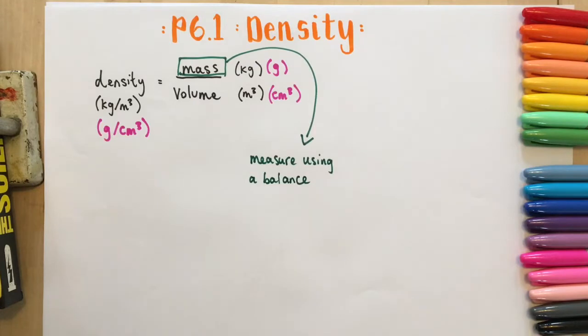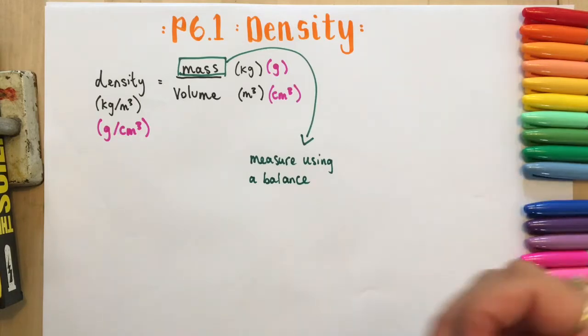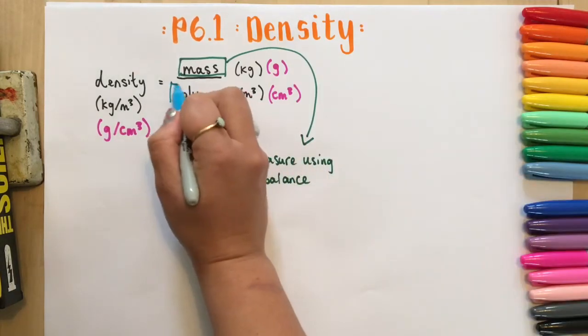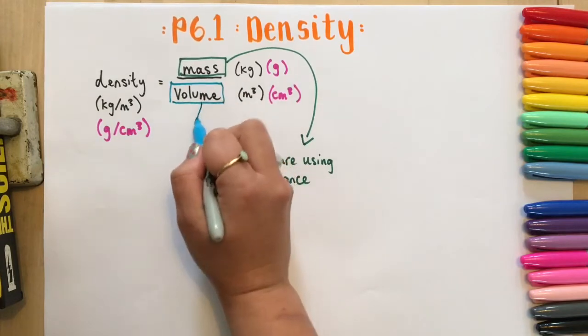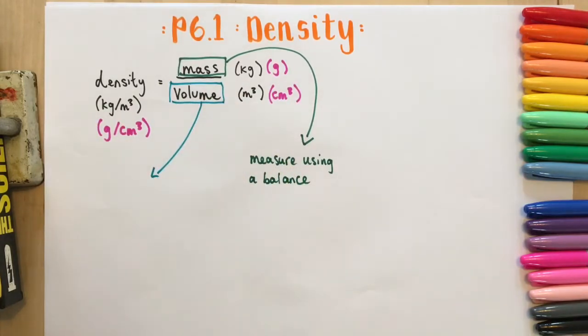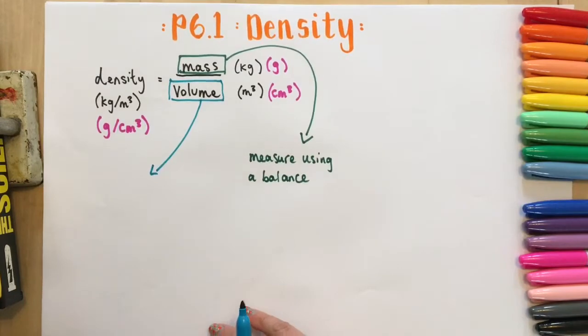A mass is a measurement of how much matter there is in something, how much stuff it makes up. Okay, volume, you might already know from maths, but volume is the space that something takes up.